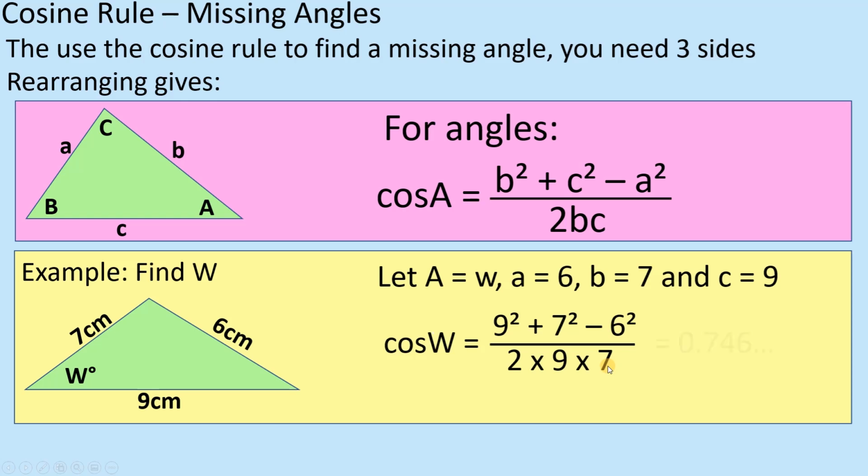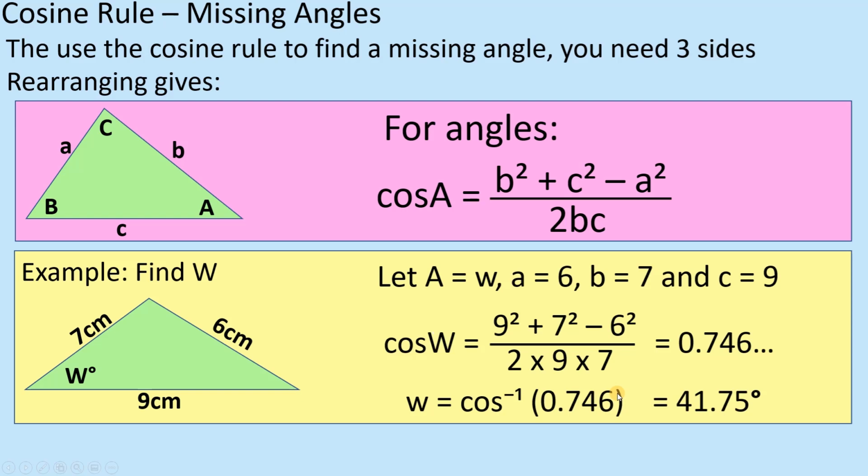So cos W is 0.746. But of course I want W, I want the angle. So when I'm doing the inverse of cos, I use my calculator: shift cos, which gives me cos to the minus 1 of 0.746, and whatever the rest of it is. That goes into my calculator, and it's going to give me an angle of 41.75 degrees.